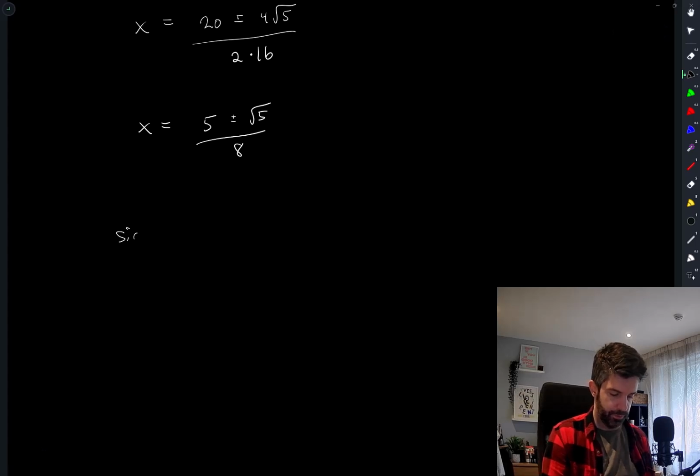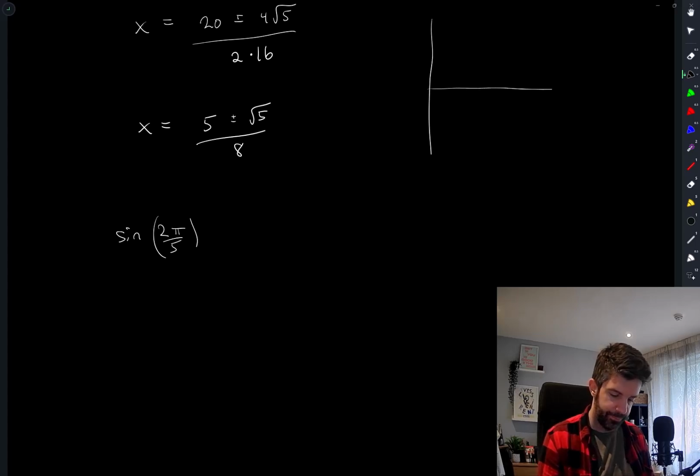So sine of 2 pi over 5, if I look at a sinusoid, that's pi. 2 pi over 5 is about here.